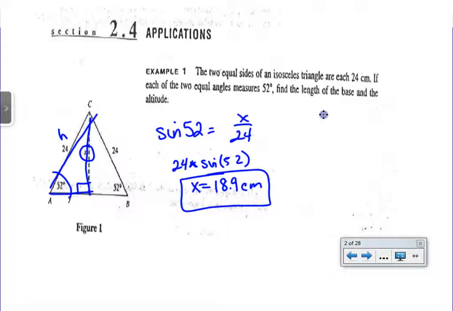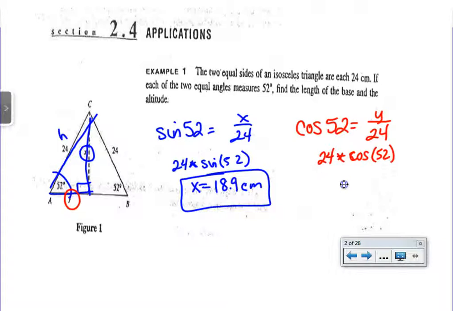Now we're going to do something similar to find the value of y, and then once we know y, we can double it to find the whole base of the triangle. I think I'm going to set up cosine this time because I have adjacent as the y value over hypotenuse. So on your calculator, you're going to do 24 times cosine of 52.